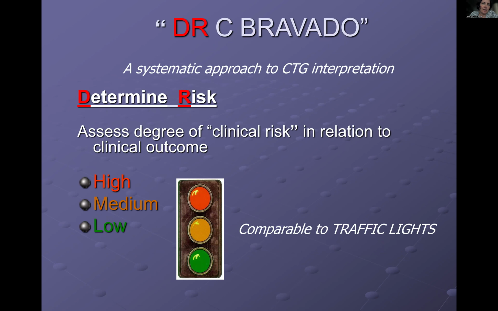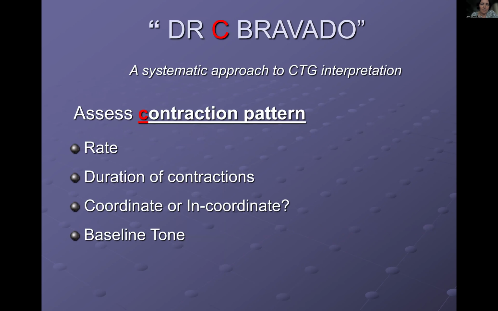In that case, you don't actually need to do a CTG. I mean, you do a 20-minute trace, and then you can switch to intermittent auscultation. If it is medium or high, usually medium and high are used a bit interchangeably, that's when you're going to decide to keep the continuous electronic fetal monitoring.